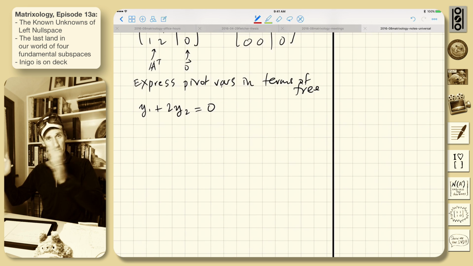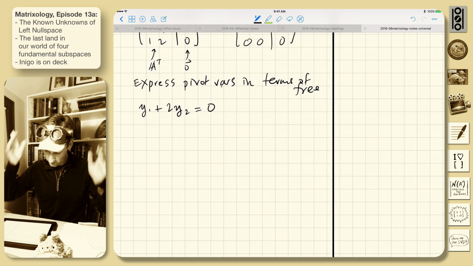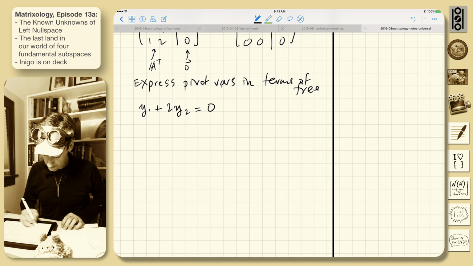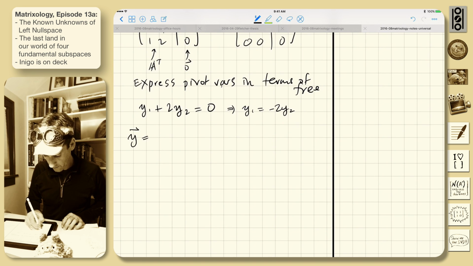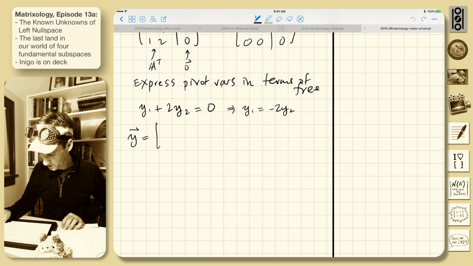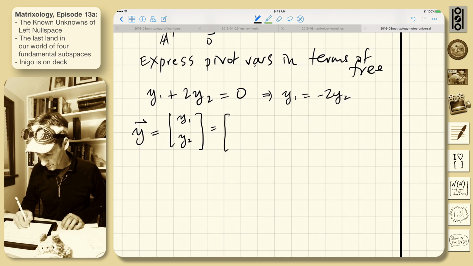It's the same, we turn it around. That's still the same problem, right? So you don't have to learn anything new, you just have to reframe things a little bit. So we write that as y1 equals minus 2y2, and then y equals y1, y2, which is y2 times minus 2, 1. Same plan, just replace the pivot variables in terms of the free.